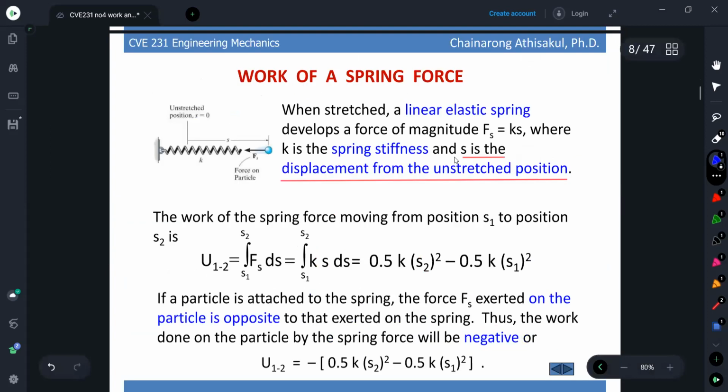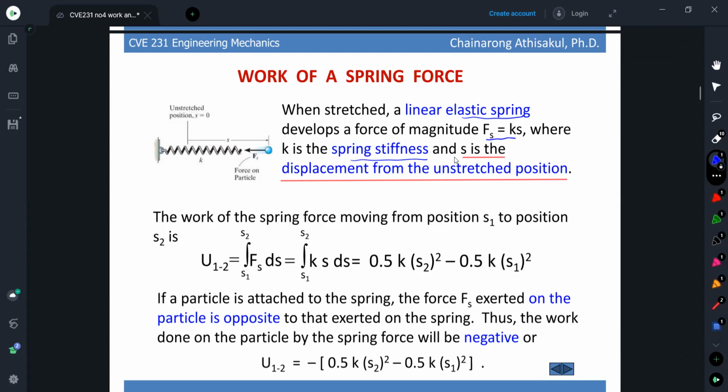Let's consider the work of a spring force. Consider a spring with a mass attached to it. When stretched, a linear elastic spring develops a force of magnitude Fs equal to ks, where k is the spring stiffness and s is the displacement from the unstretched position.